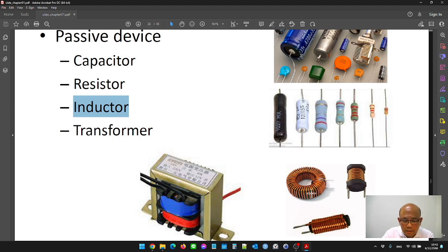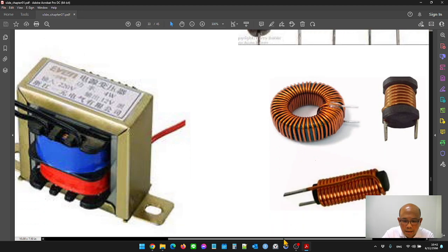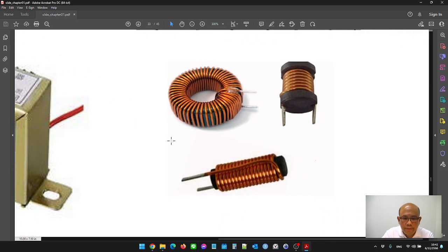The inductor is made from copper wire circulating around a core. I think it is maybe iron.